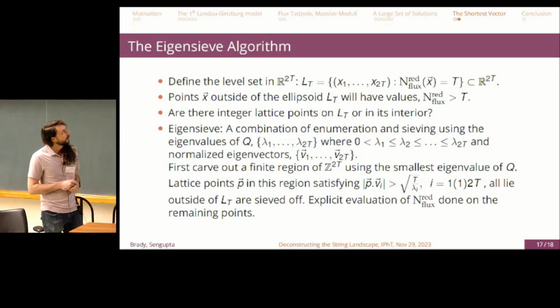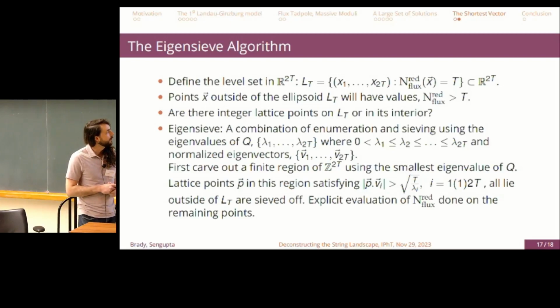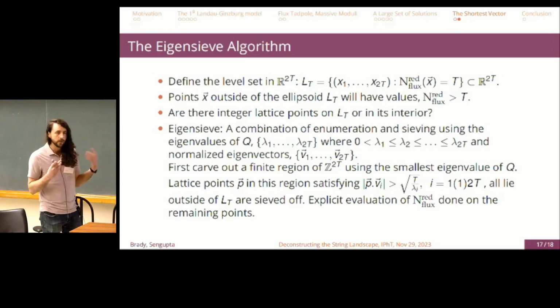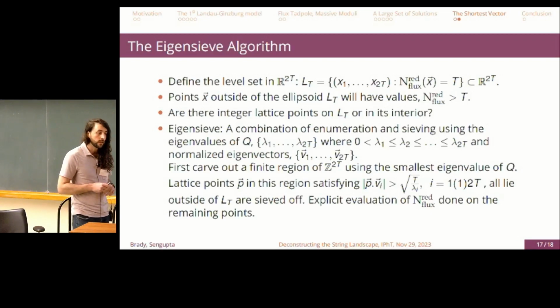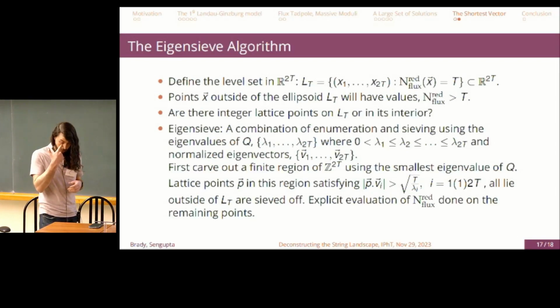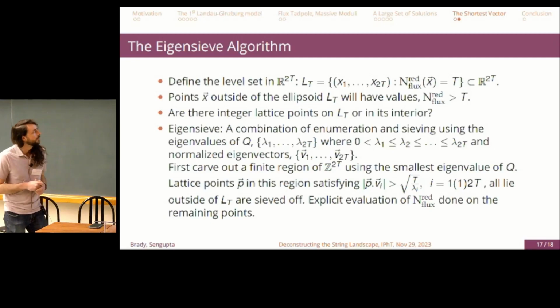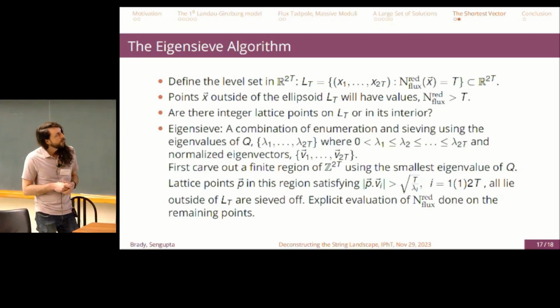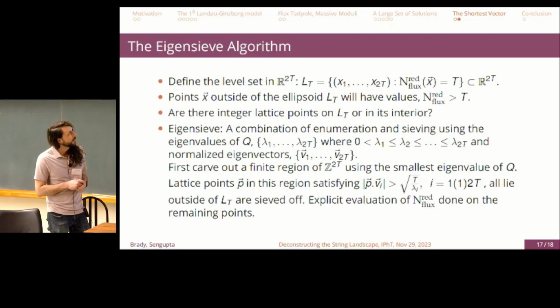So using the eigenvalues of our symmetric coefficient matrix Q, the 2t eigenvalues, which are positive and in increasing order like that, and the normalized eigenvectors, we can actually do an exhaustive search, as opposed to an approximate technique. So we carve out a finite region in integer space using the smallest eigenvalue of that coefficient matrix.